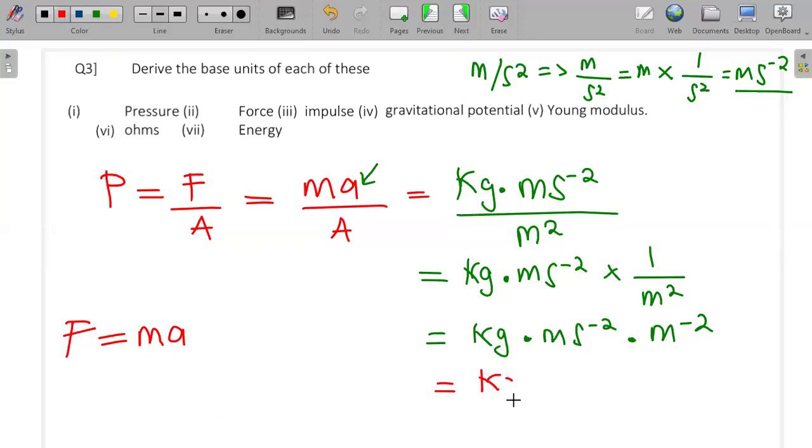So this is m and this is m, and they have the same base. This m here is to the power 1, this one is to the power minus 2. So we add the powers. 1 plus minus 2 will just give me m to the power minus 1, and then s to the power minus 2. So these units here are the base units for what? For pressure. Those are the base units for the pressure that we were finding. A common name that is given to them is the Newton.